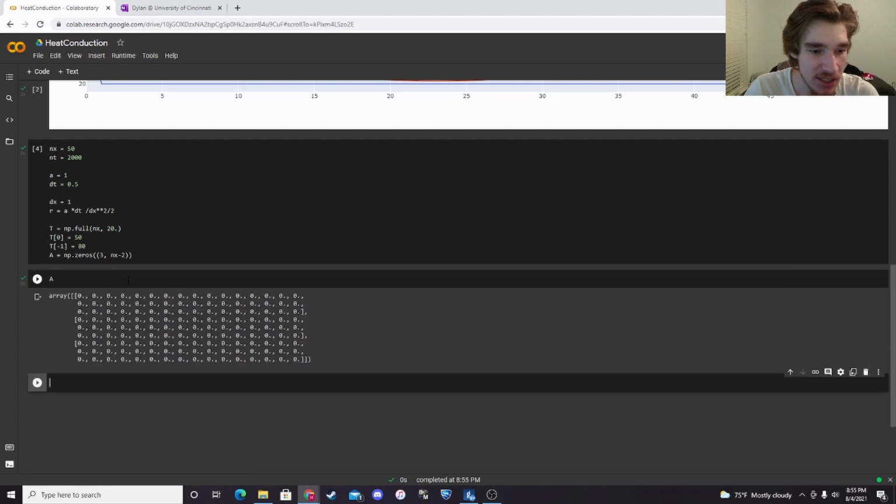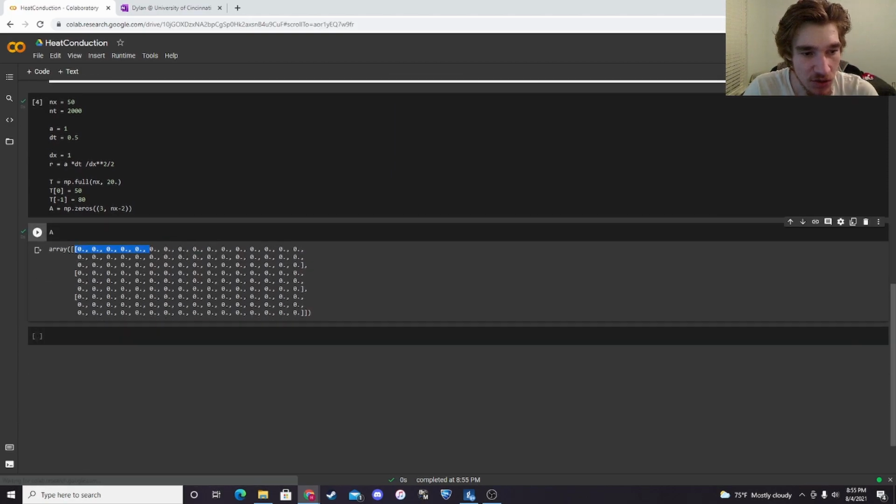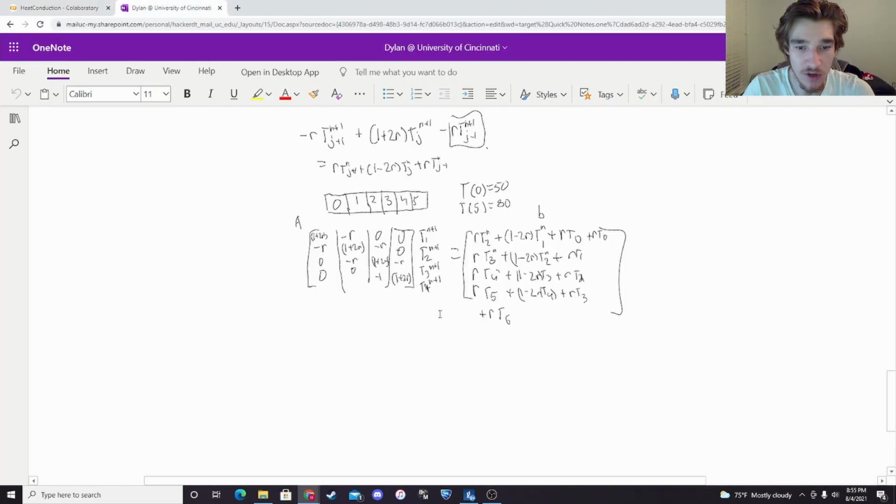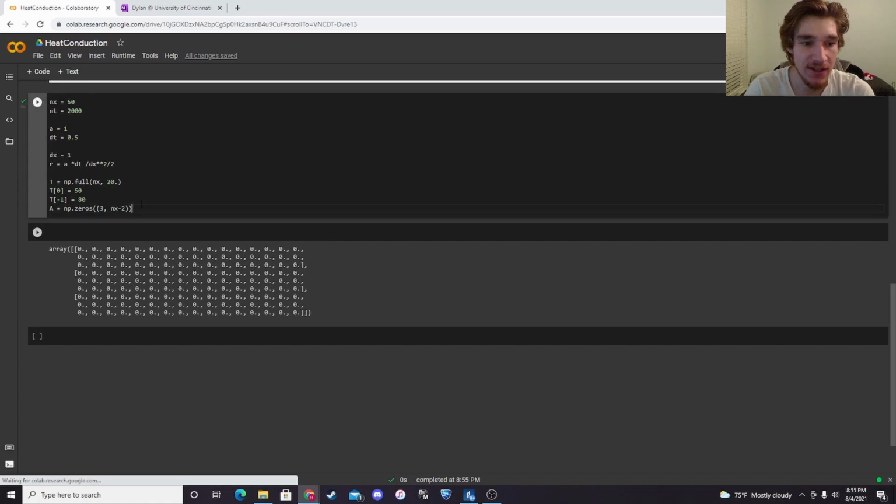And with these matrices, as you can see, the first index of this 2D array is a list of 48 different elements in another array. And this is what the 2D array looks like. And we're going to be setting each of these to what we found over here with our negative r, our 1 plus 2r, and then our other negative r diagonals.